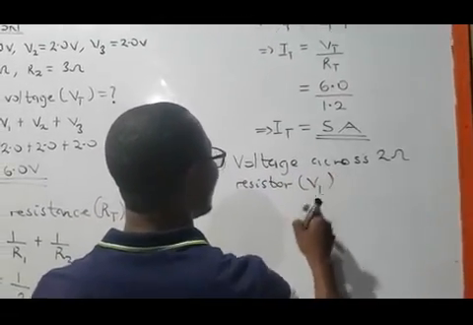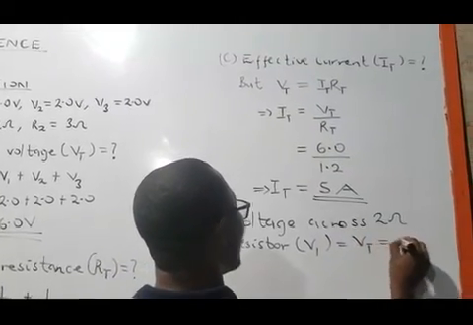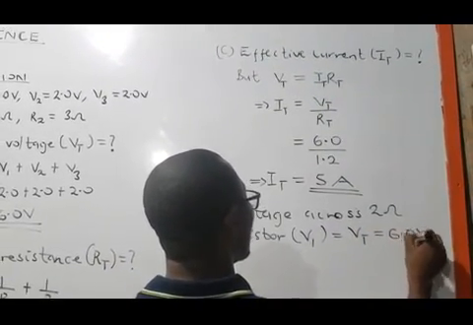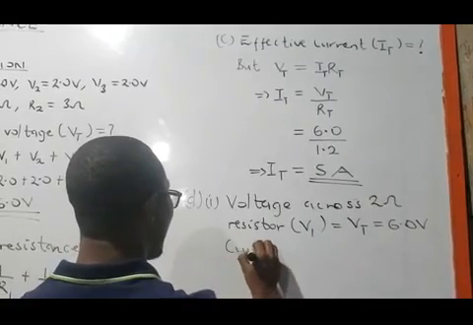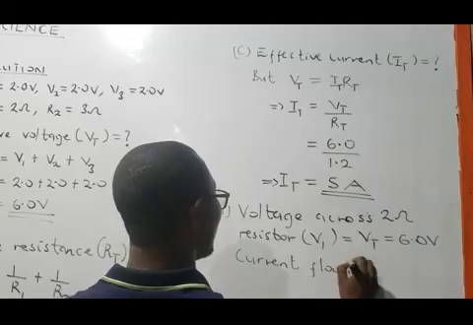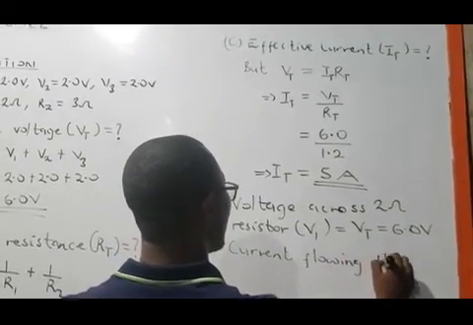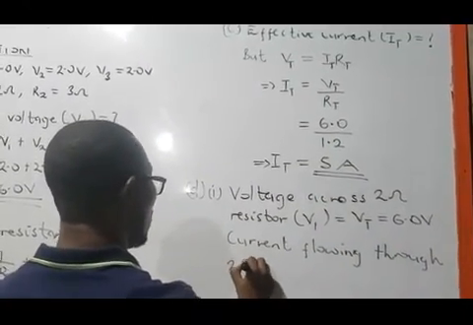Our 2 ohm is R1, so that's V1. It's equal to the total voltage, which is 6 volts. So we can now find the current flowing through the 2 ohm resistor.